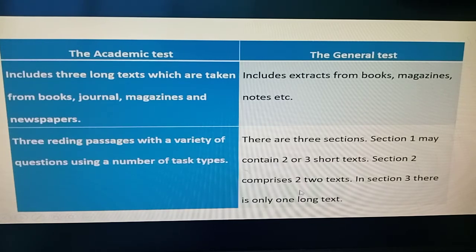Section 2 comprises 2 texts. In section 3 there is only 1 long text. It means in section 1, 3 short texts, in the second one 2 texts, both of them short, but in the third one there might be only 1 and it will be a long text.